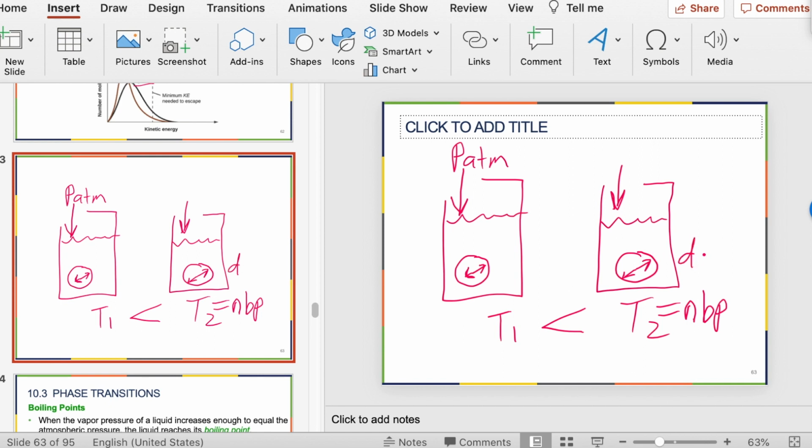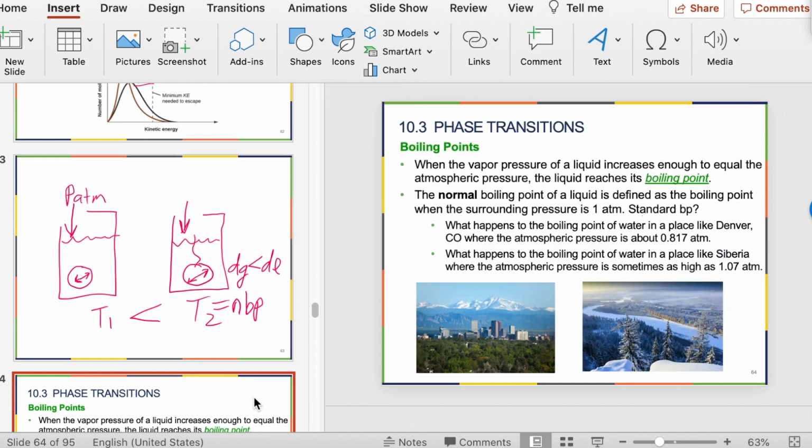And the density of a gas, you've got a whole lot less particles per volume. Density of the gas is going to be a whole lot less than the density of a liquid. So this bubble is going to float. And that's what you see in boiling. You see bubbles form and come up and break the surface. And so that's what boiling is.